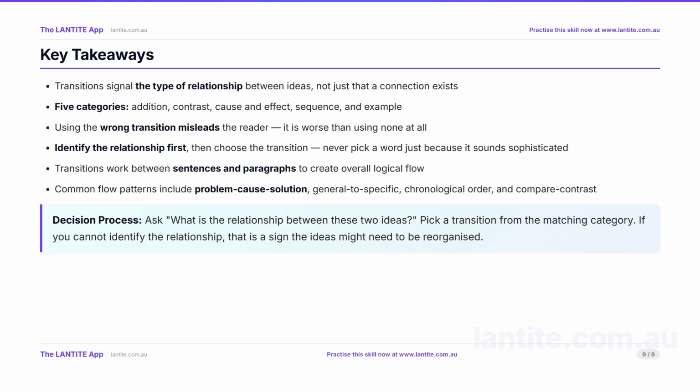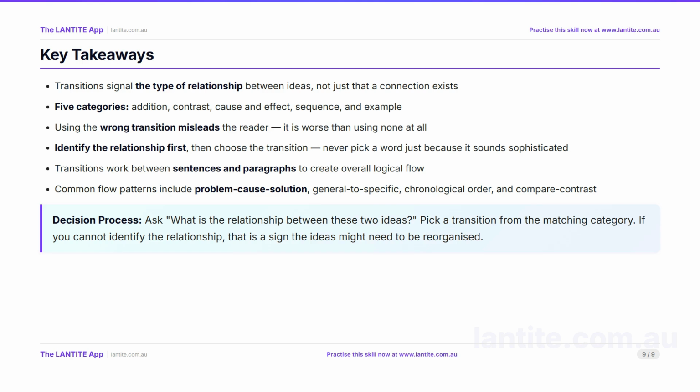Let us recap. Transitions signal the type of relationship between ideas, not just that a connection exists. There are 5 main categories: addition, contrast, cause and effect, sequence, and example. Using the wrong transition actually misleads the reader, so it is worse than using none at all.